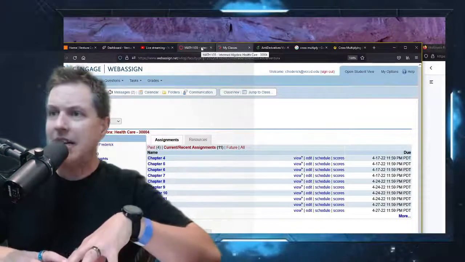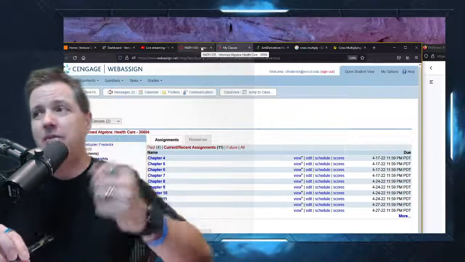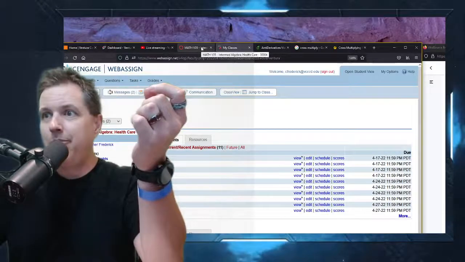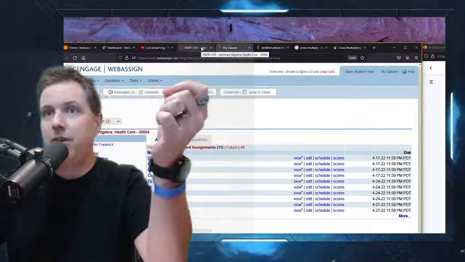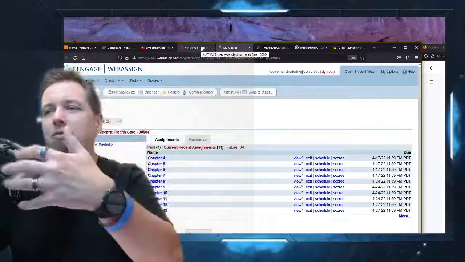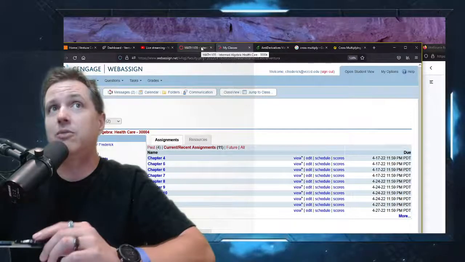There's not a lot of variation. The only real difference is the numbers are different, obviously, and they're using slightly different units. One problem might use grams, another problem might use milligrams, or micrograms for another problem. There's that conversion, but that's pretty basic since you know your metric conversions at this point.